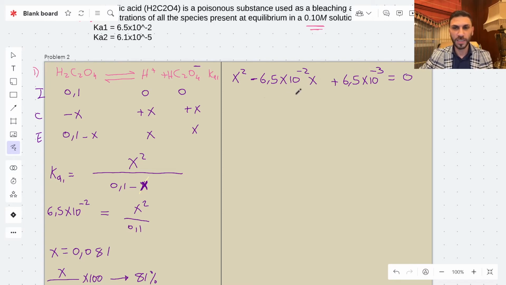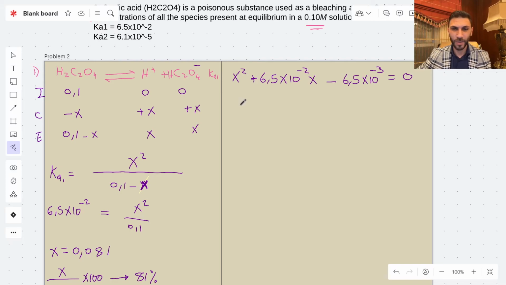So this is the quadratic equation that we're going to use. And we solve for x, which equals 0.054.